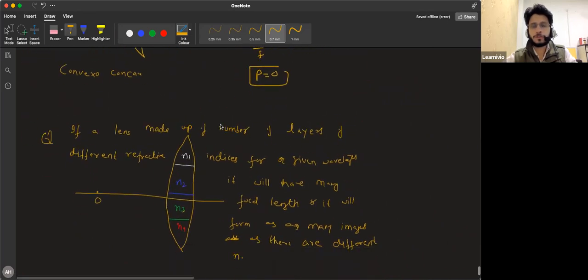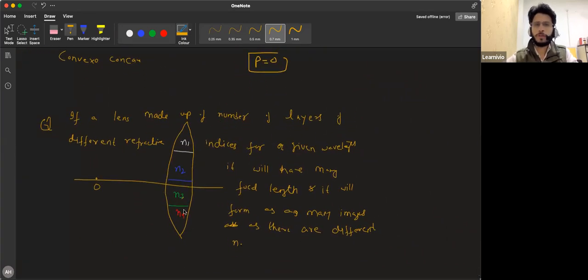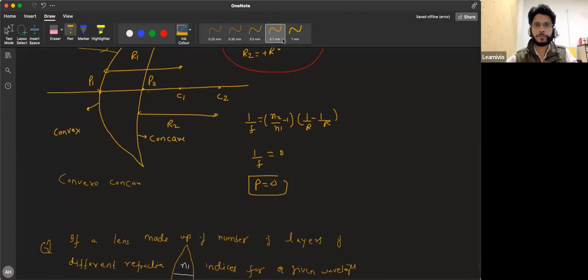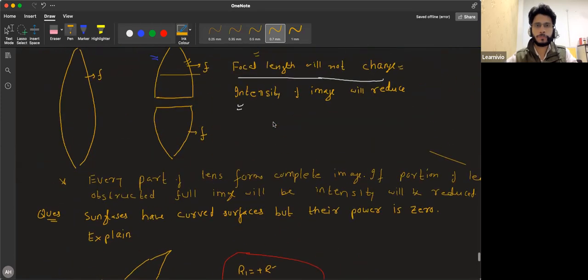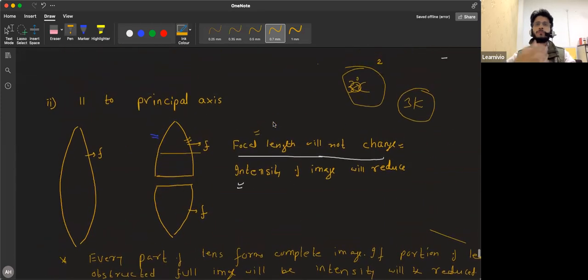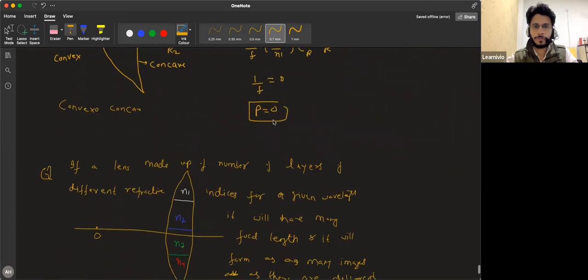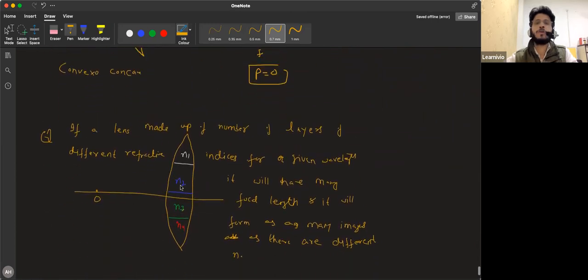So this is the last question on lens maker formula. So you have a lens.